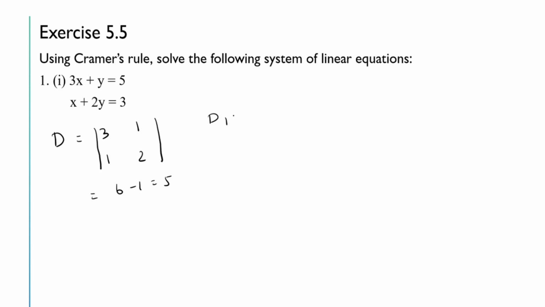Then D1 is the determinant where the coefficients of x terms are replaced with the constant terms. So D1 is equal to determinant of 5, 1, 3, 2. So it is equal to 10 minus 3, 7.